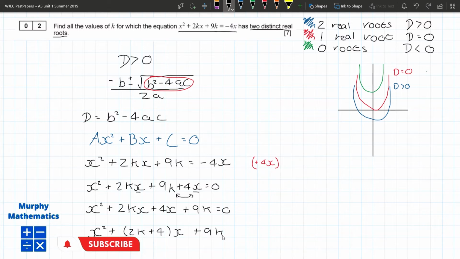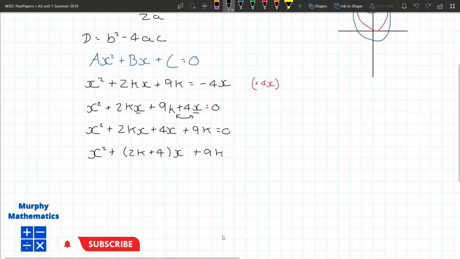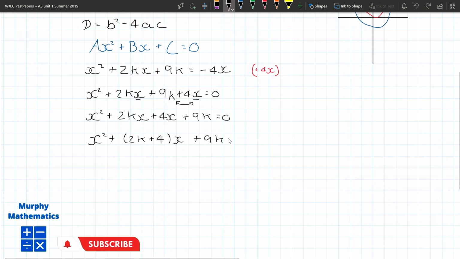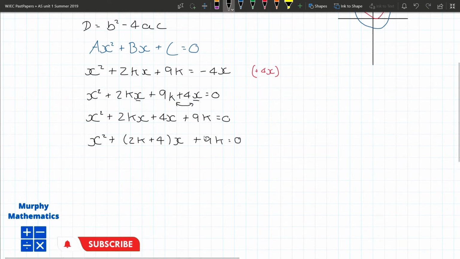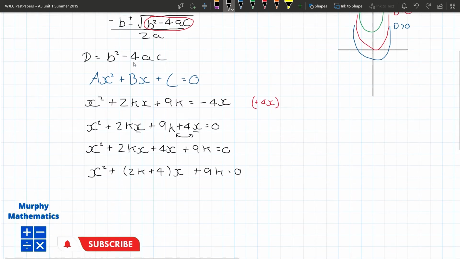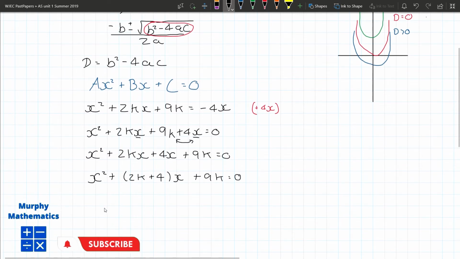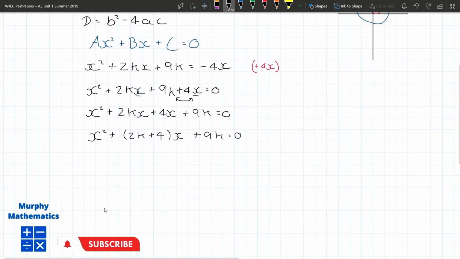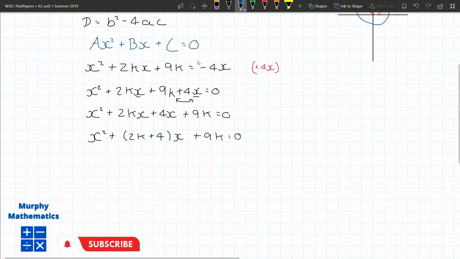I've factorized the 2kx and the plus 4x, and that equals 0. Now I've got it in the way we like to write our quadratic equations. So now I just use b squared minus 4ac, and this is going to be my a, this is my b, and this is my c.